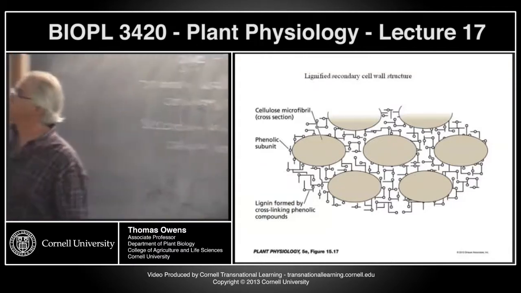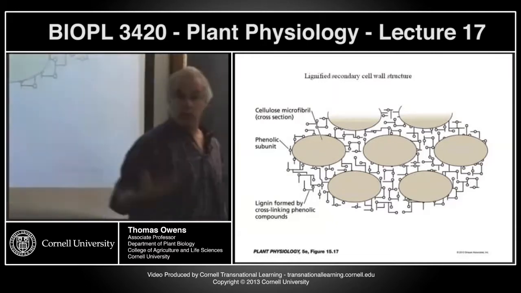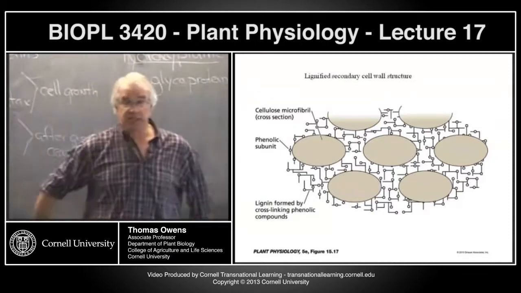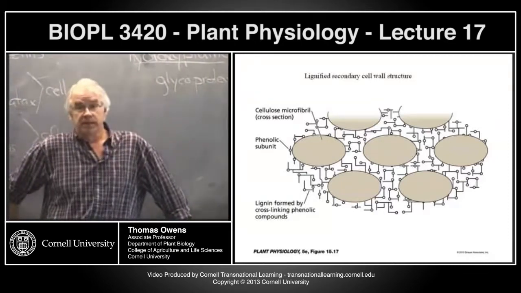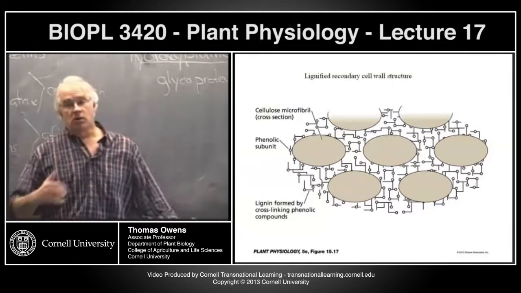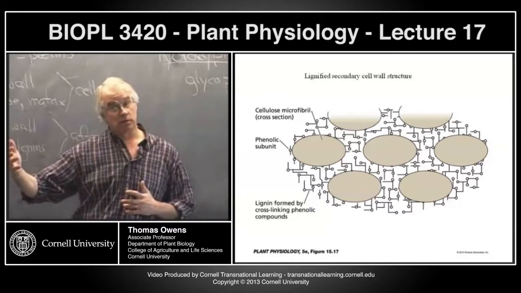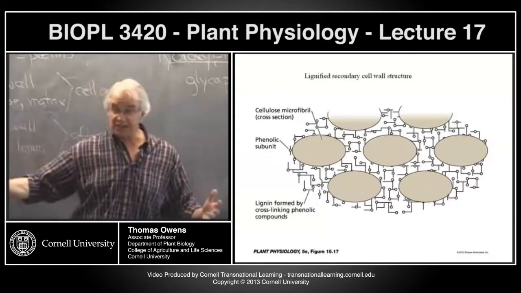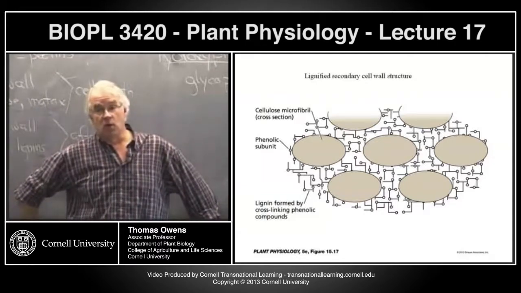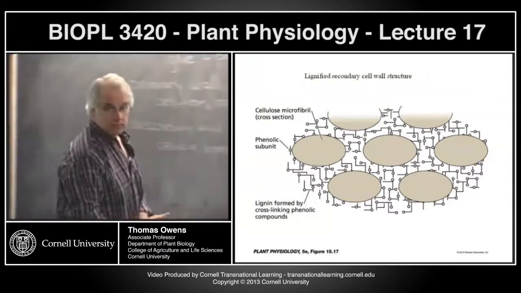The interactions of the lignins are not just among themselves. They can also interact with hydroxyl groups that are present in the celluloses and hemicelluloses of the cell wall. So basically, when you get to lignified cell walls, all the properties that allow the primary cell wall to stretch, to move relative to each other, are lost in the secondary cell wall because the matrix materials are covalently linked together.